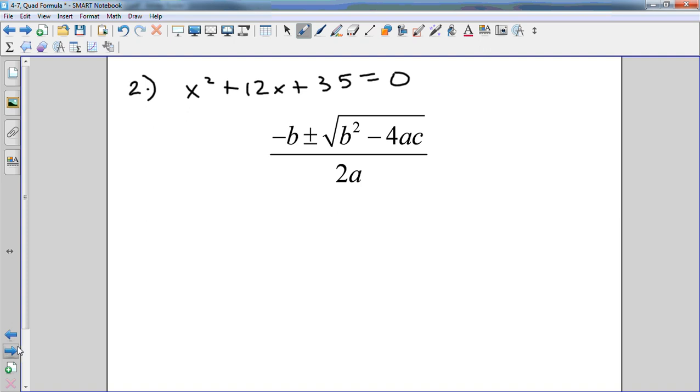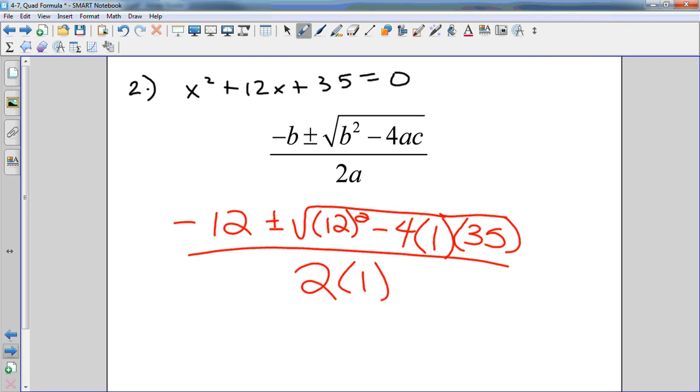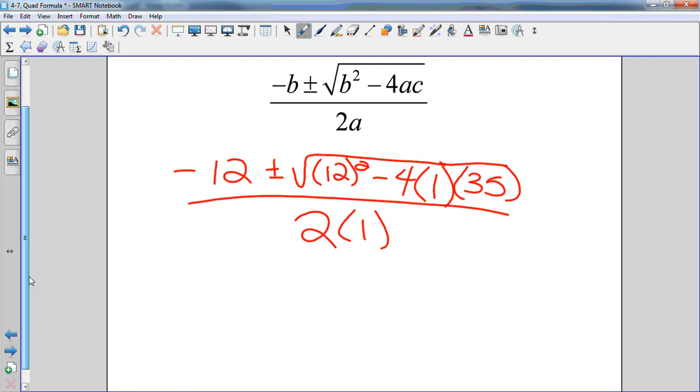Negative 12 plus or minus the square root of 12 squared minus 4 times 1 times 35, all over 2 times 1. I'm not going to talk while I solve this one. I want you to try to solve it at the same time that I do and see if you get the same answer. Okay?